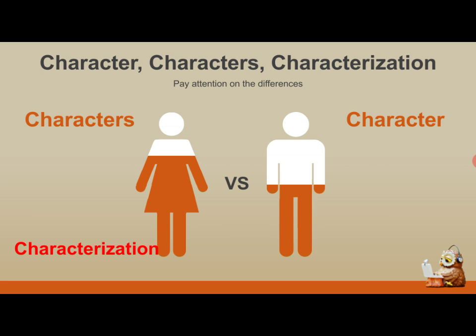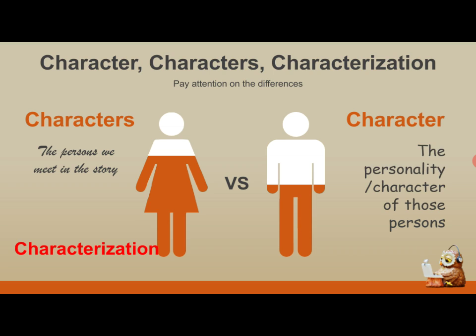Now we have characters, characterization. Different authors and experts sometimes explain this rather differently, but please pay attention. In this class, we differentiate these terms: characters, character, and characterization. In Bahasa Indonesia, characters are the persons we meet in the story, the tokoh.